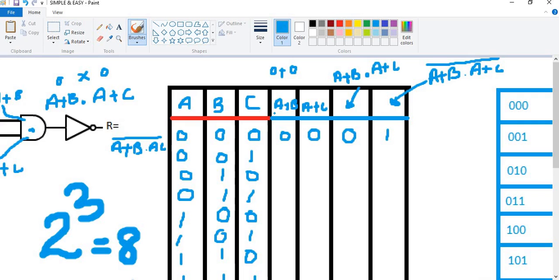So the next one is, okay, right, AC. A also has 1, so it's 1, because though C is 0, A has a value, so it's 1.